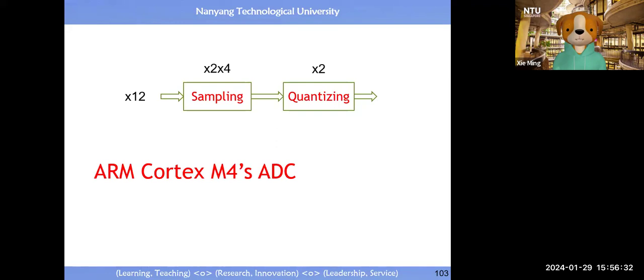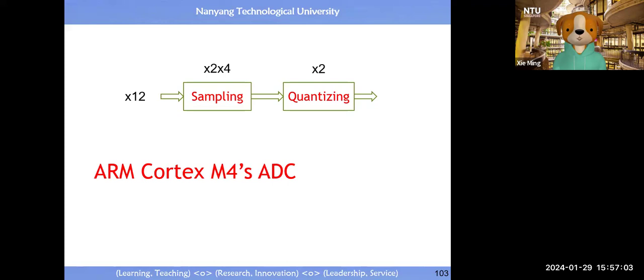And okay, that is the working principle of interfacing an analog sensor to a digital microcontroller inside IoT. You just need to do two things. Once you have an analog sensor, if you use ARM Cortex M4, the first thing to do is what? To scale up or scale down the voltage within the range of 0 to 3.3.